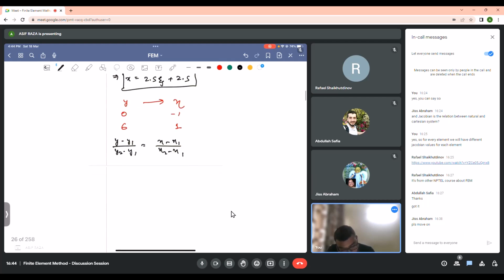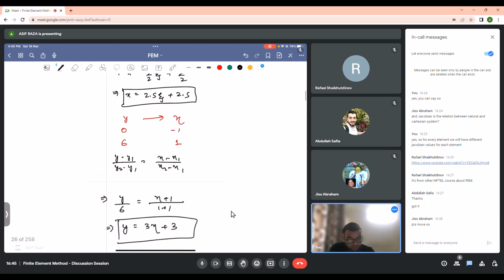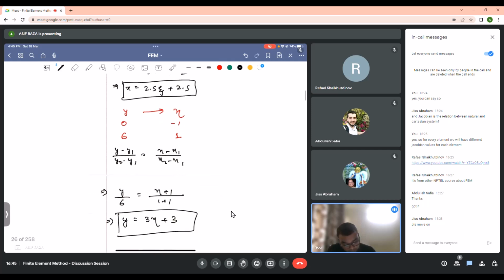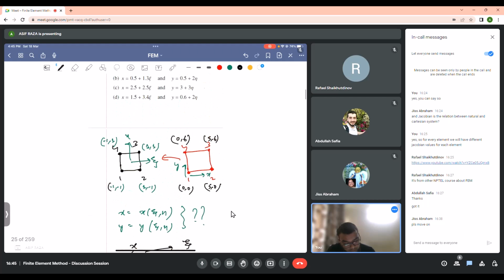This will be equal to y minus 0 upon 6, and this is eta plus 1 upon 1 plus 1, which implies y is equal to 6 by 2 eta plus 6 by 2, so y is 3 eta plus 3. These are the transformations which you are getting. So x is equal to 2.5 xi plus 2.5 and y is equal to 3 eta plus 3, right?